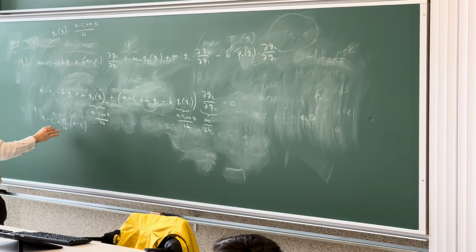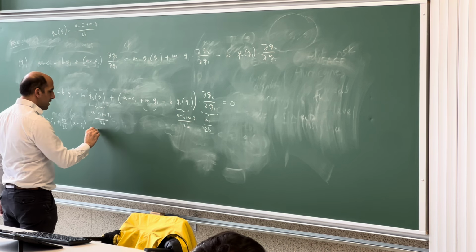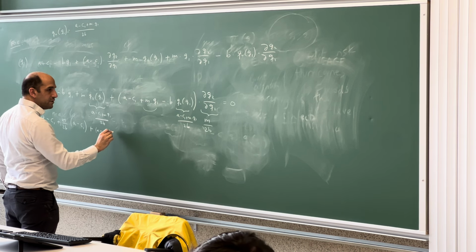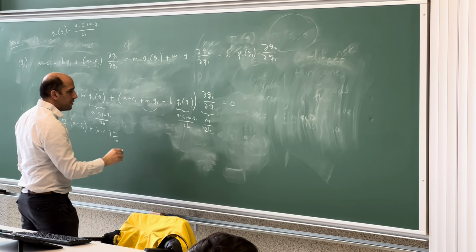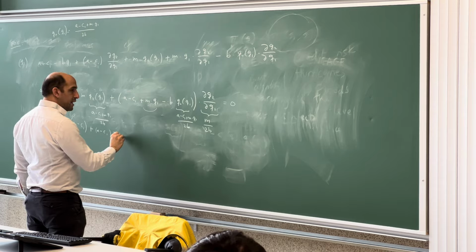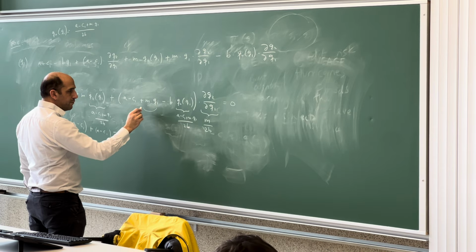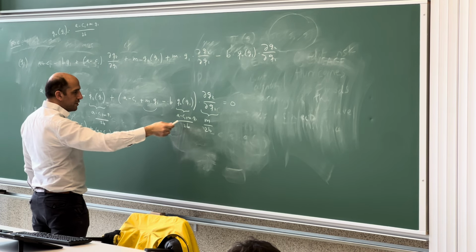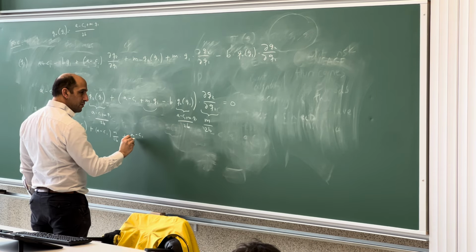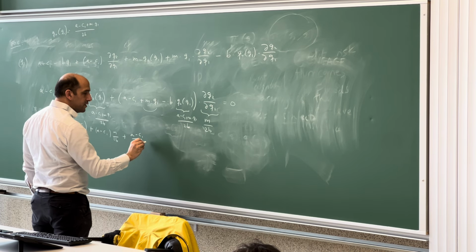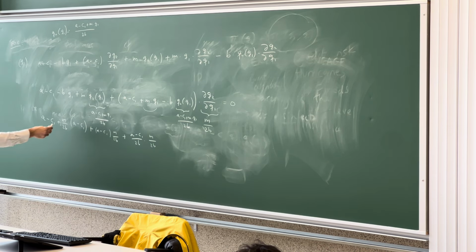I'm just going to write the constant parts, and then we'll write the parts that have Q1. Plus a minus C1 over 2b times m over 2b, plus m times a minus C1 over 2b times m over 2b. Okay, so this one appears twice.